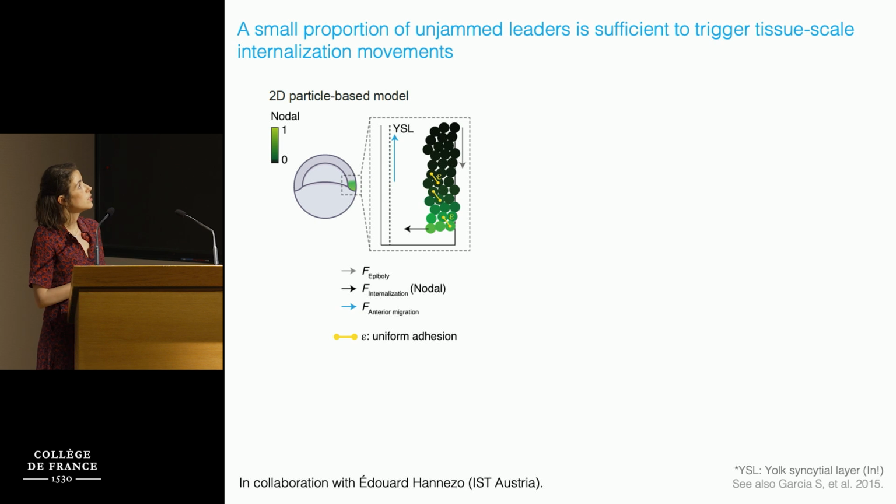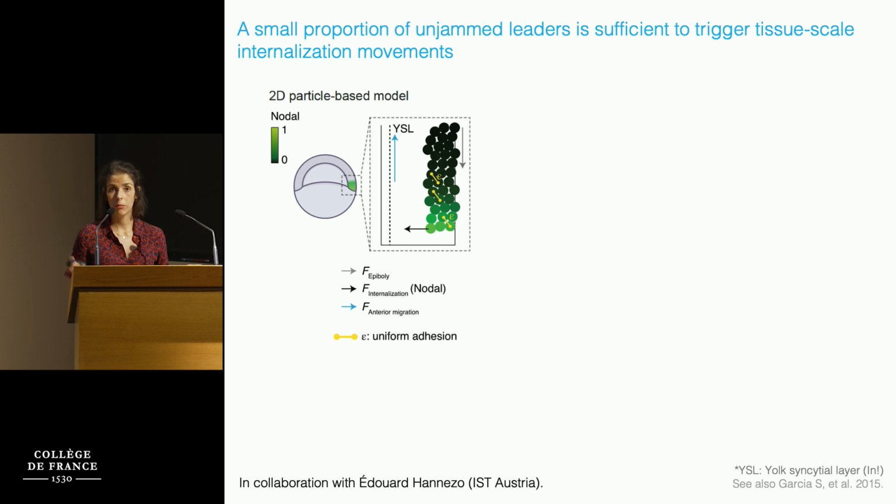We have 3 forces here: epiboly forces that just spread the cells downwards, and internalization forces, and once the cells are in, they start migrating upwards, just to mimic what happens in the embryo. The key parameter is that we input the nodal gradient that we measure experimentally, and we assume a linear relationship between nodal levels and internalization forces, as we have observed in our transplantation experiments before.